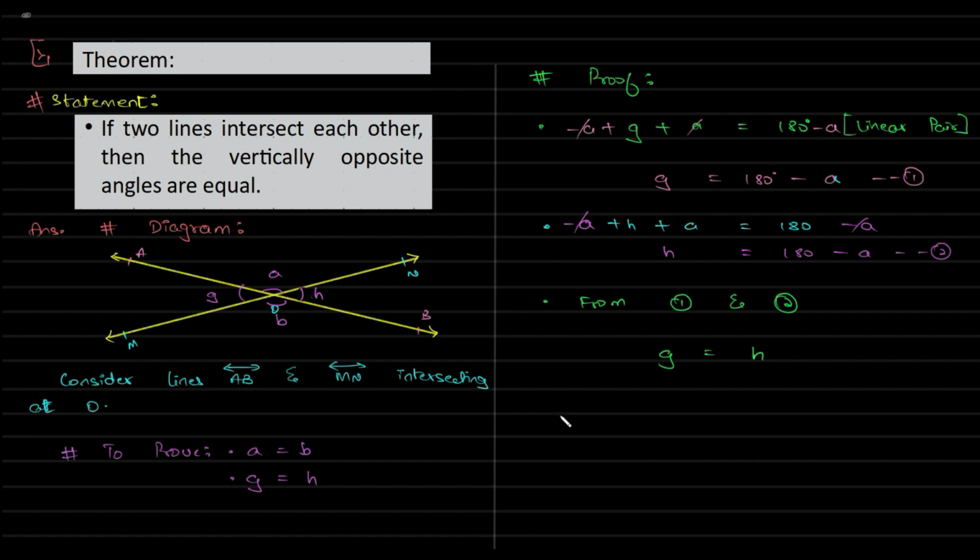So G is equal to H, and we have proved one of the things. Similarly, we can prove A is equal to B, and hence proved. And this is your answer. Don't worry, you can write this, not an issue. Okay, so now pause and write it as neat as this or more than this.